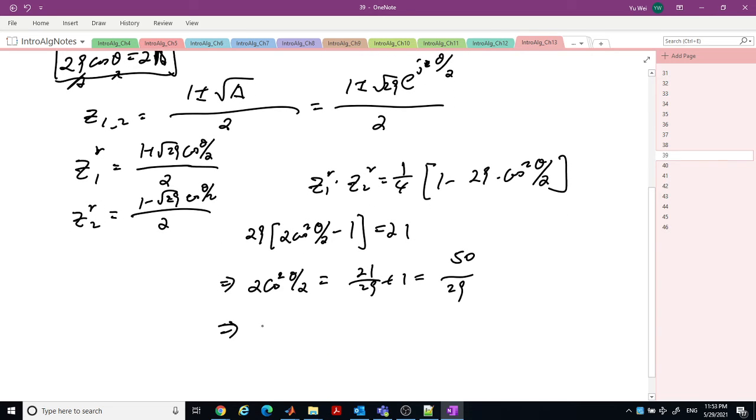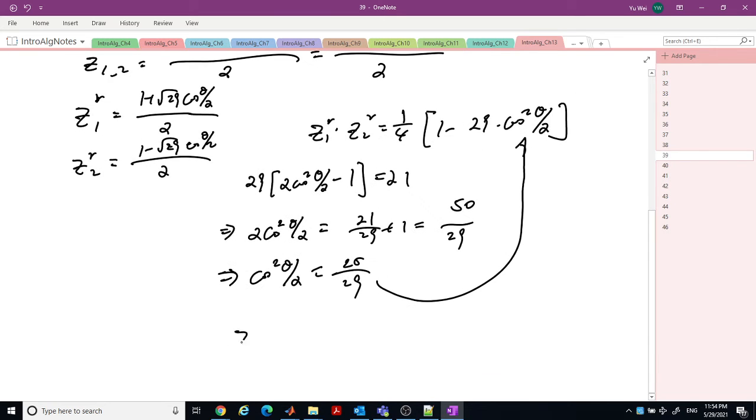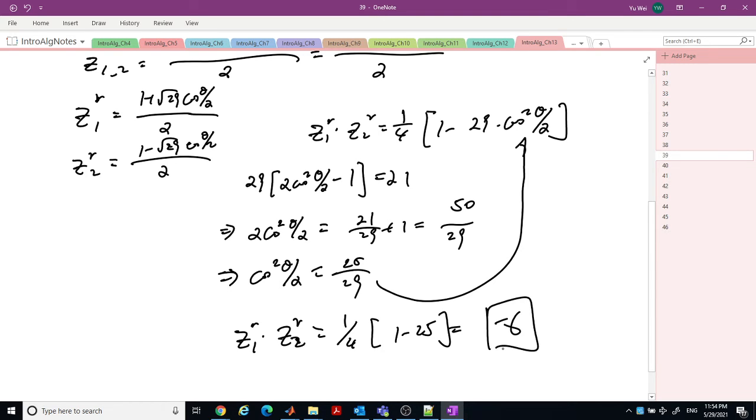So now we can solve cosine squared of theta over 2 will be 25 over 29. Okay, so now we can plug this back in, right? So now we know z1r times z2r is equal to 1/4 of 1 minus 25, so it's negative 6.